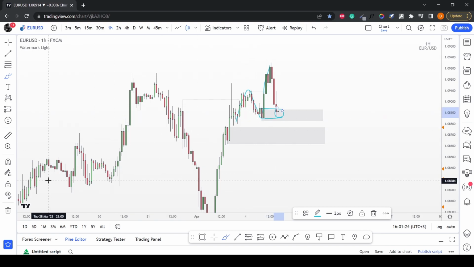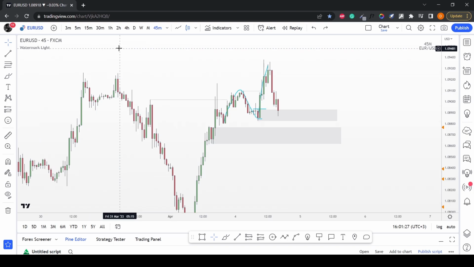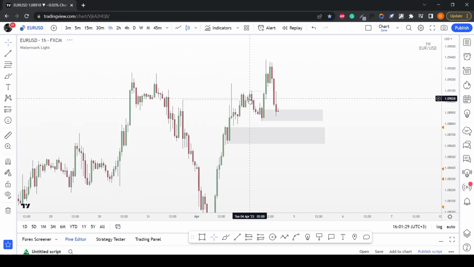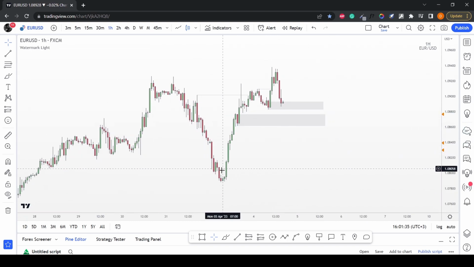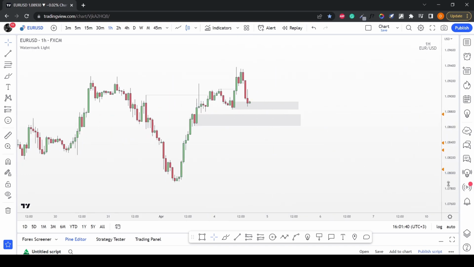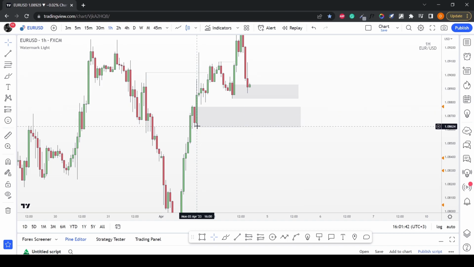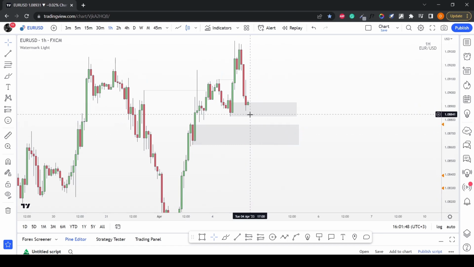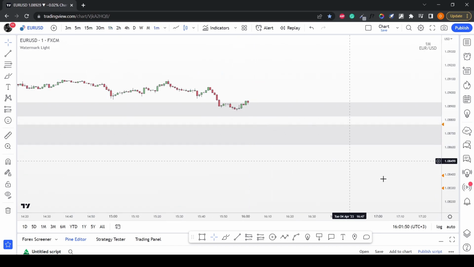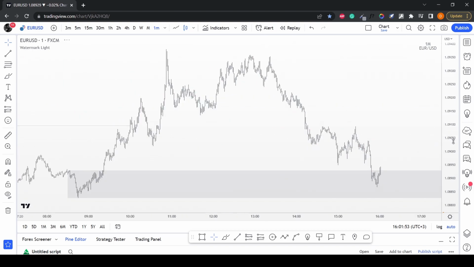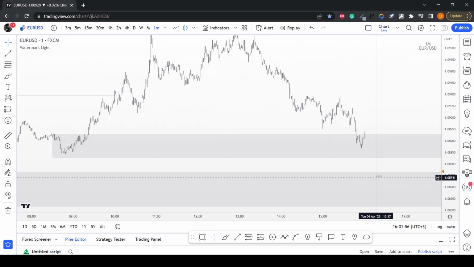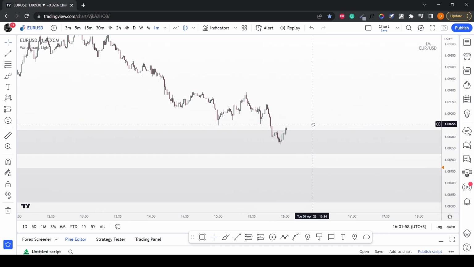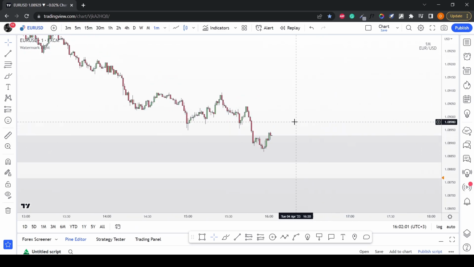On 1 hour, what we have is just the usual 2 breaks, and now this huge range, and really high volume down move before the up break came from here, and now it's just below this zone. So this is one of the patterns where we can expect the lower zone to act as a point of interest.